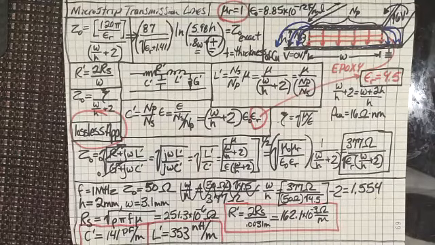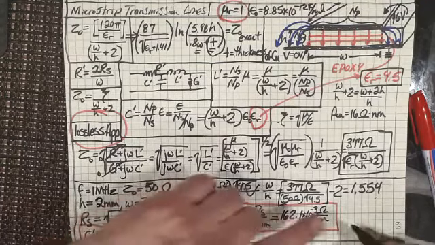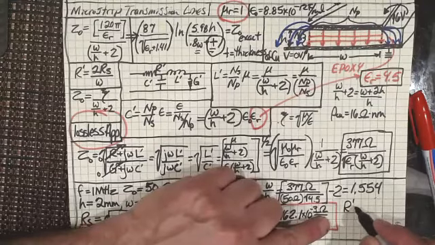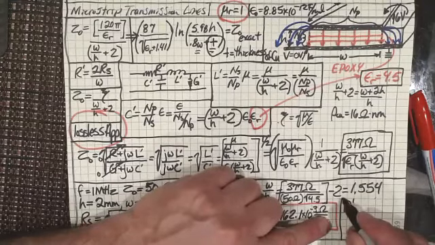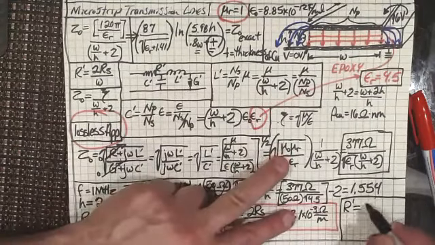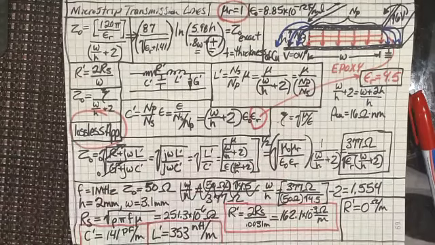That's one thing that I want to look at in our next thing. And why isn't it a problem? Why would R prime equal 0 ohms per meter? Why would that happen?